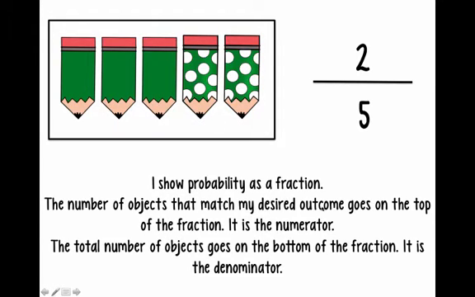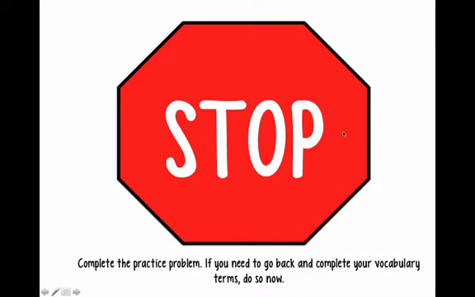They're my desired outcome, and they become my numerator, out of 5 total objects. That becomes the denominator. At this point, go ahead and stop to complete your practice problem. If you need to go back and work through your vocabulary or watch the example that I just did again, you can go ahead and do that now.